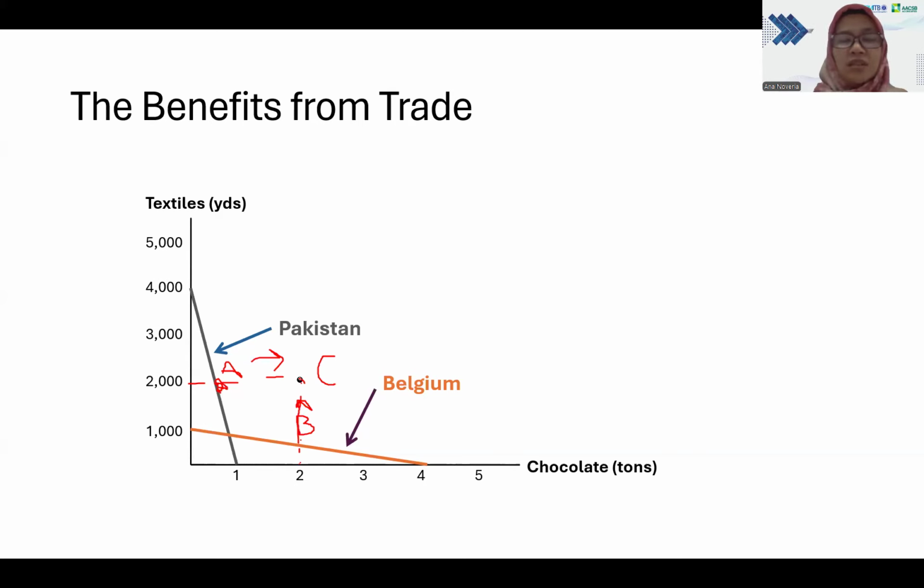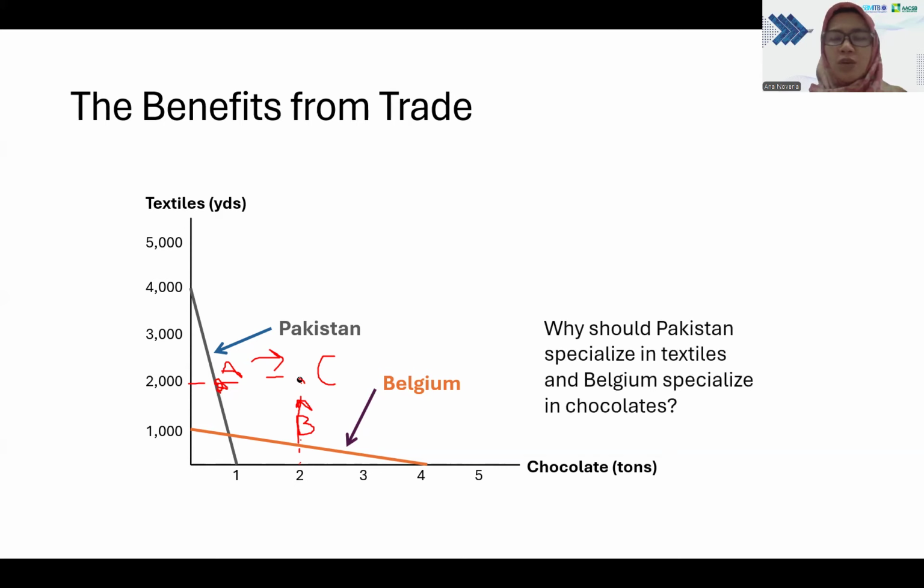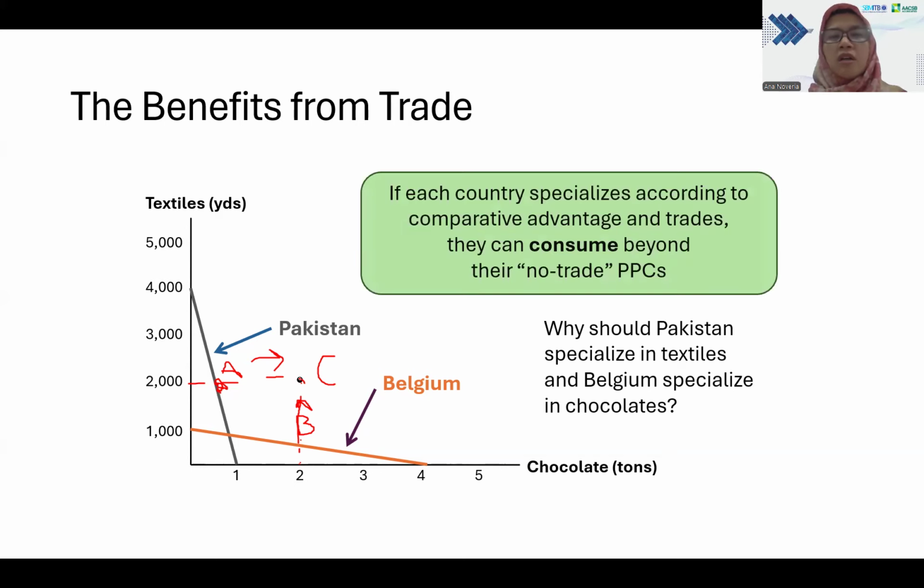So this specialization concept is from Adam Smith, and the comparative advantage is from David Ricardo. So we can see the benefit of trade, why Pakistan should specialize in producing textile, and why Belgium should specialize in producing chocolates.